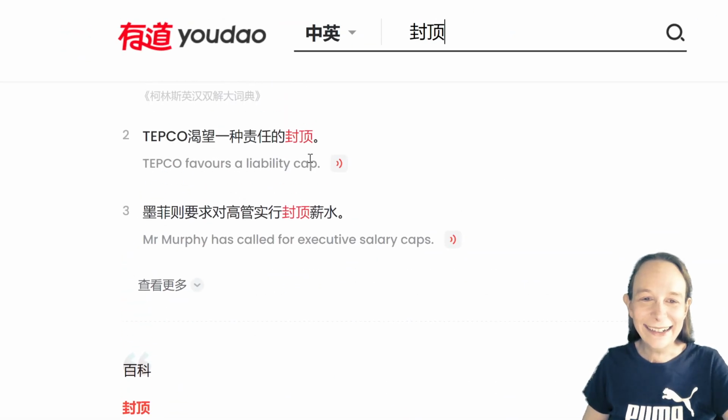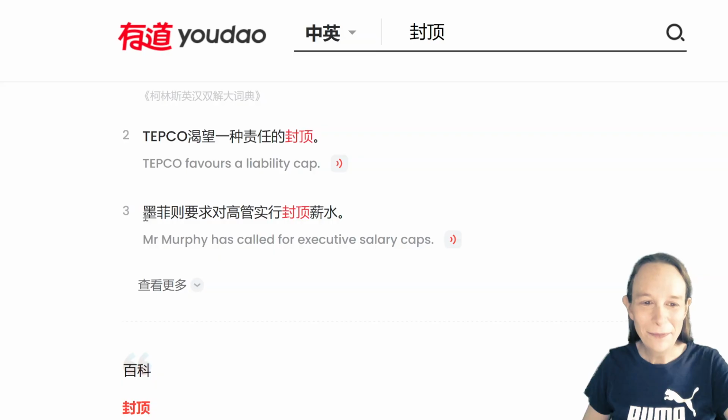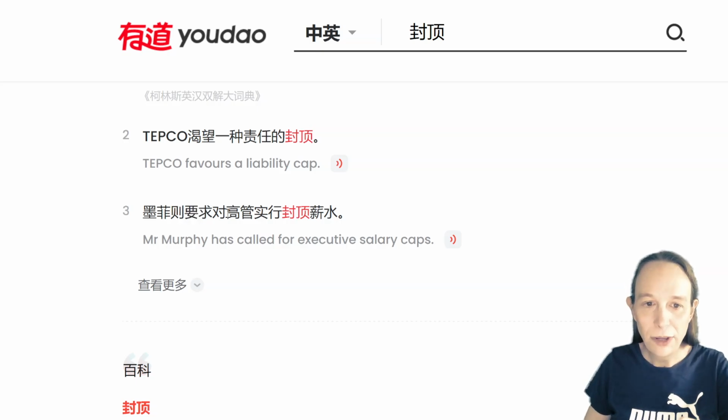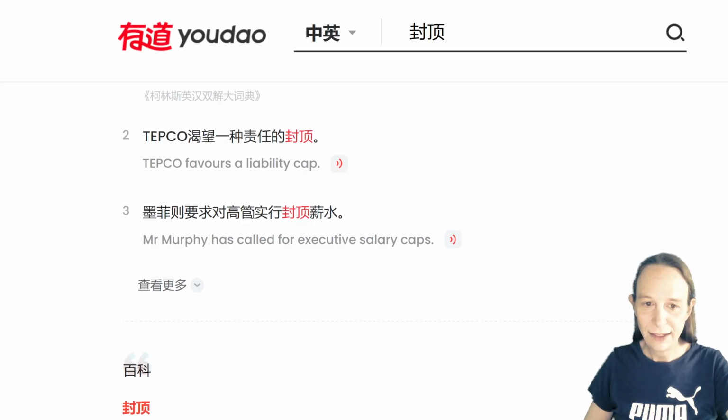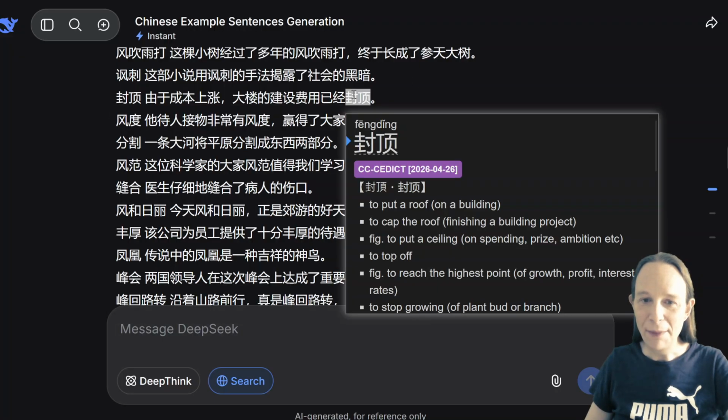Okay, so it's a kind of upper threshold here. 莫非则要求对高管实行封顶薪水. Okay, so the executive salary caps. I should think of some sort of upper threshold on a building, but also figuratively on salaries, etc.